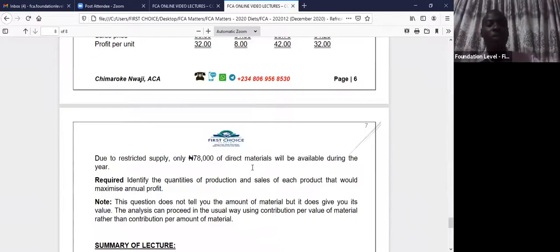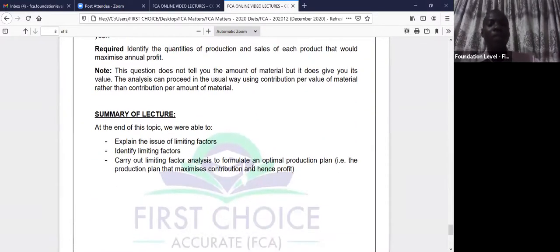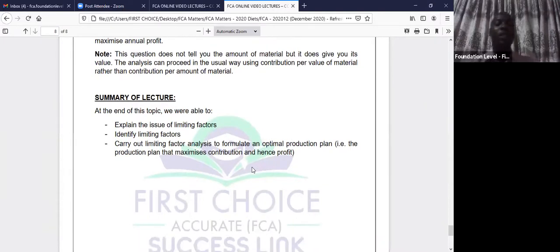So far, so good. We've come to the end of this chapter. We've seen limiting factor, and we've learned that the examiner is going to give you only one limiting factor affecting the products at the same time. If it doesn't tell you, you identify it by checking your requirement against what is available. If there is a surplus, no limiting factor exists.